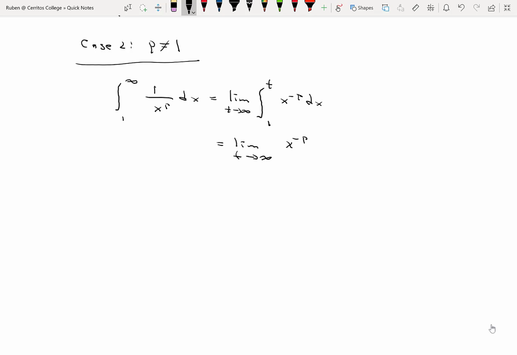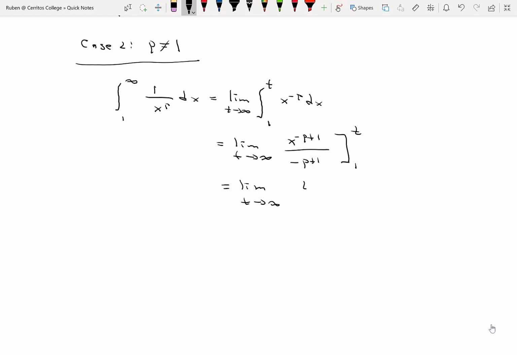When the power is not negative 1, all we do is use the power rule for antiderivatives. So the integral of x to the negative p will be x to the negative p plus 1, over negative p plus 1, evaluated between 1 and t, and then we take the limit as t approaches infinity.